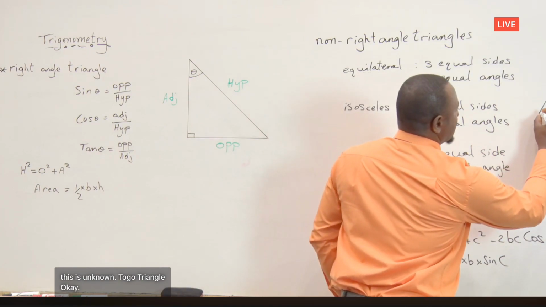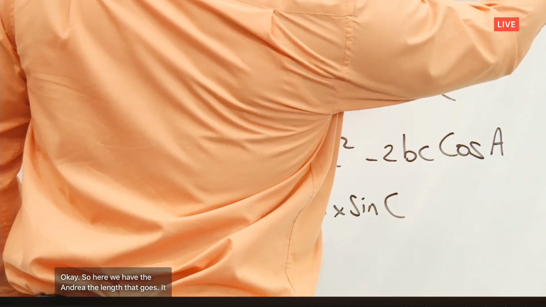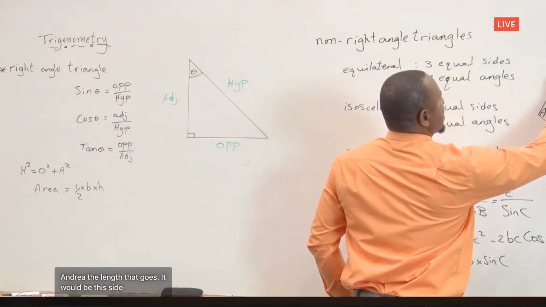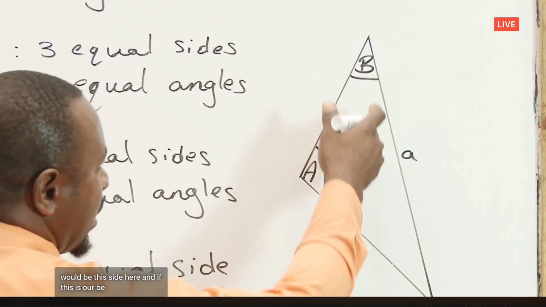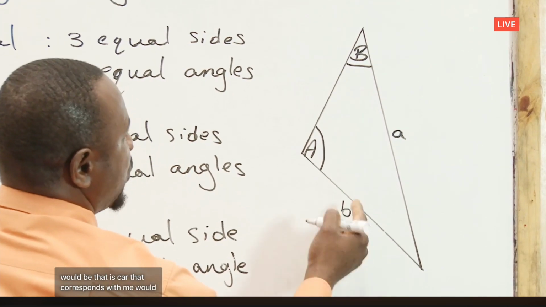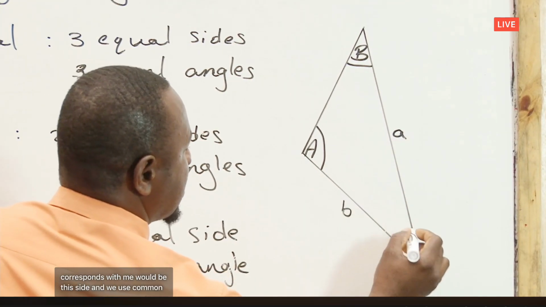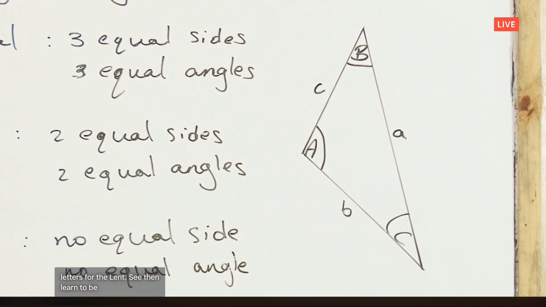So here we have the angle A, the length that goes with A would be this side here, A. And if this is our angle B, the length that corresponds with B would be this side. And we use common letters for the length. C, then the length would be there. Okay? So that is for non-right angle triangle.